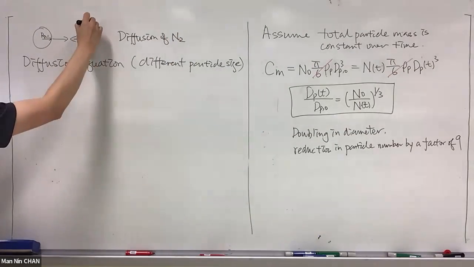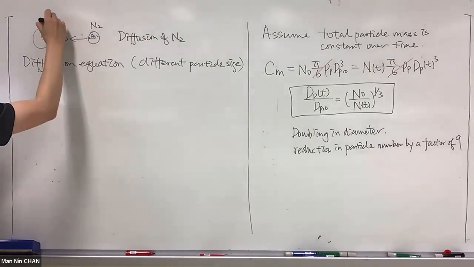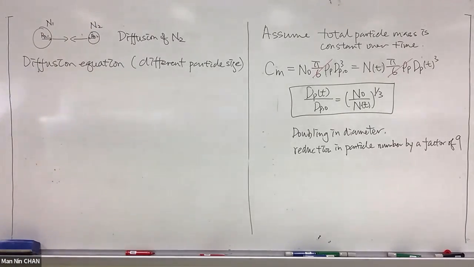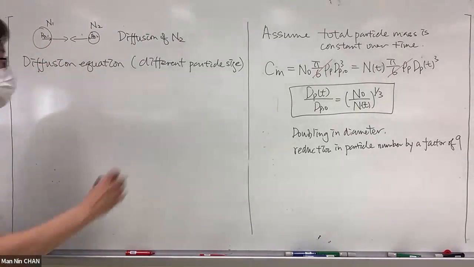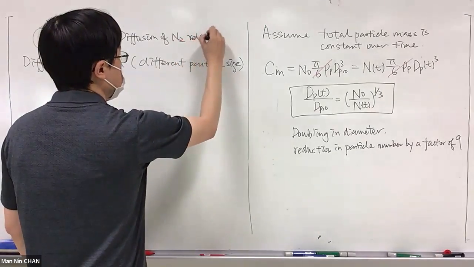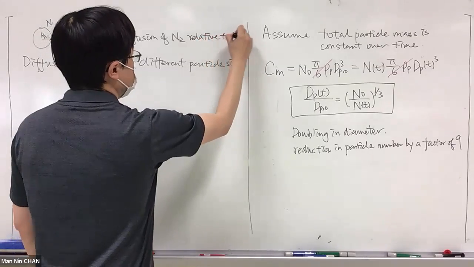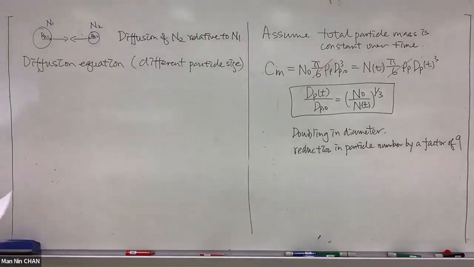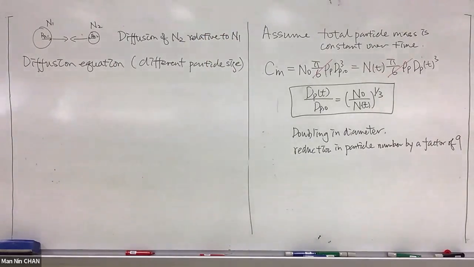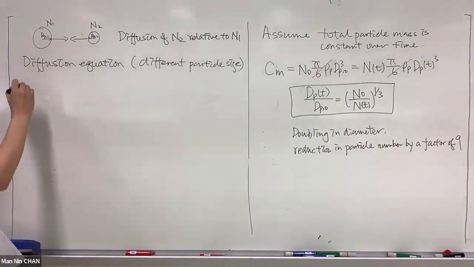Let's say this is N2, and this is N1. So you can have some diffusion of the particle type 2, or N2, relative to N1 in this case. So therefore, you can still write this using a diffusion equation.